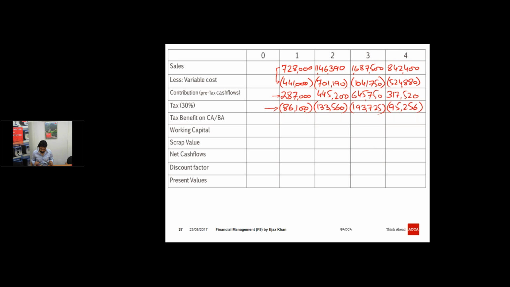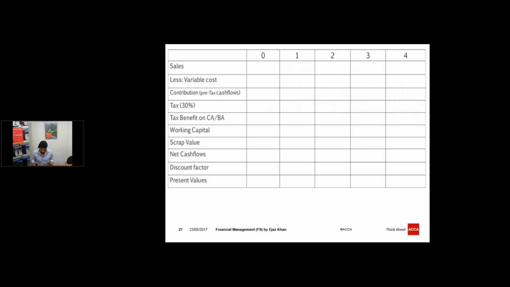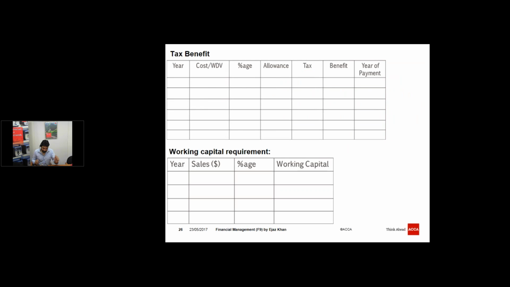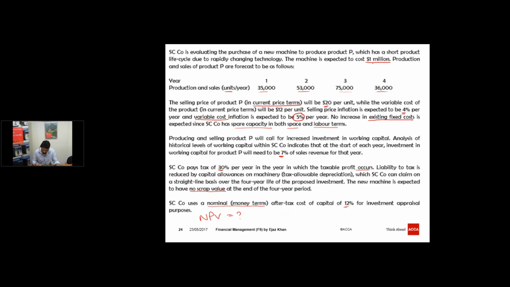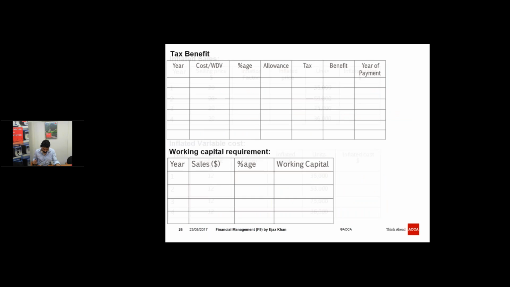Now, how do we do it? Let's take year one, and let's go to the question and see what the cost of the asset was. The cost of the asset was $1 million. So we will write 1 million here.